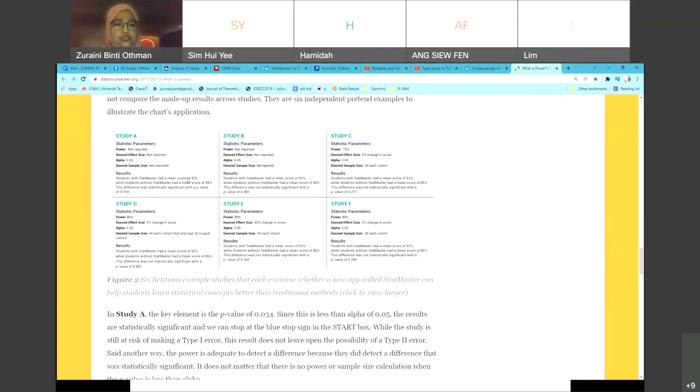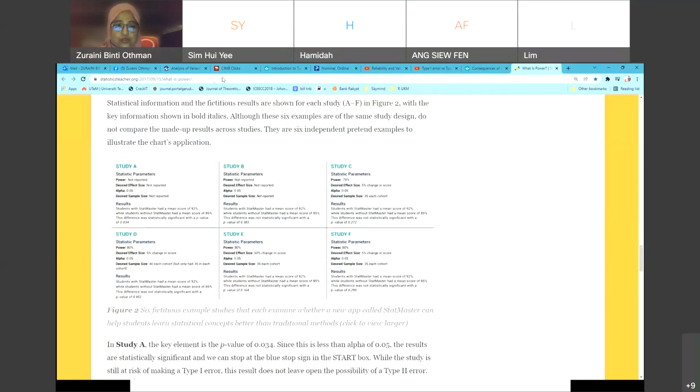It comes from the mean score for Stat Master students of 92%, while students without Stat Master have 85%, so there is a difference. We know that by using Stat Master, it increases their score. I will come back to the p-value. You may go through these cases one by one after this.